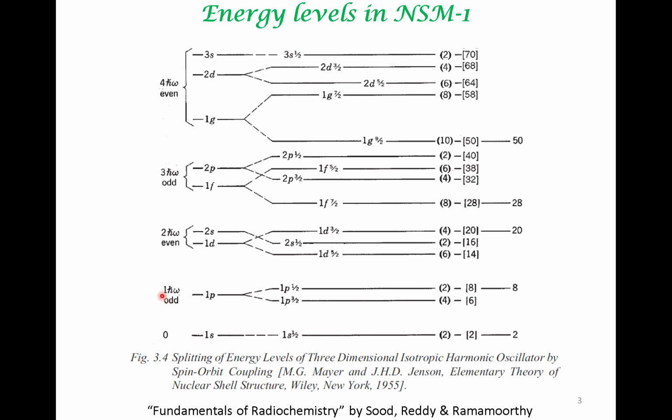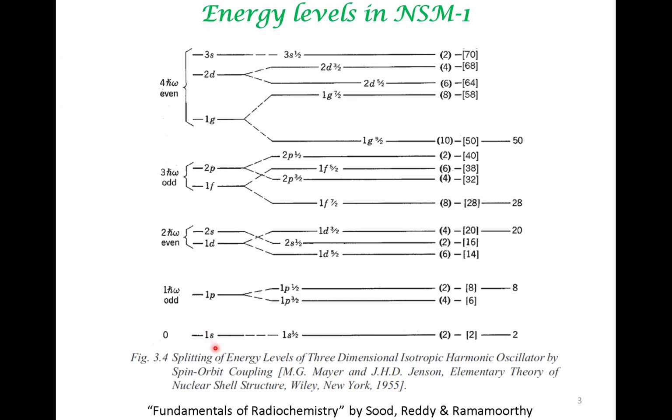If capital N is equal to 1, you can have a small n equal to 1 and L equal to 1. Here L equal to 0, right? So within that formula, that is capital N is equal to 2 times (n minus 1) plus L, we can get these levels.